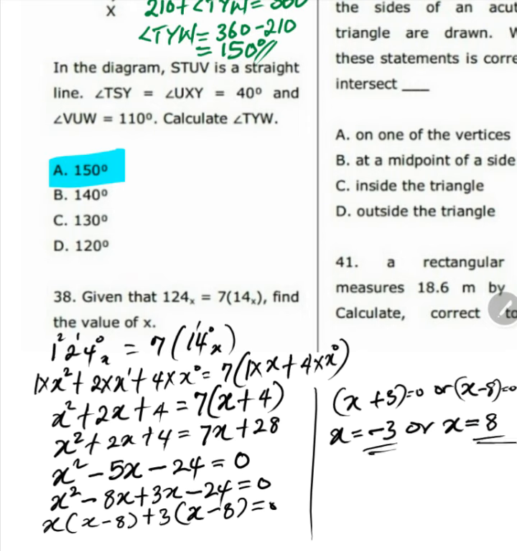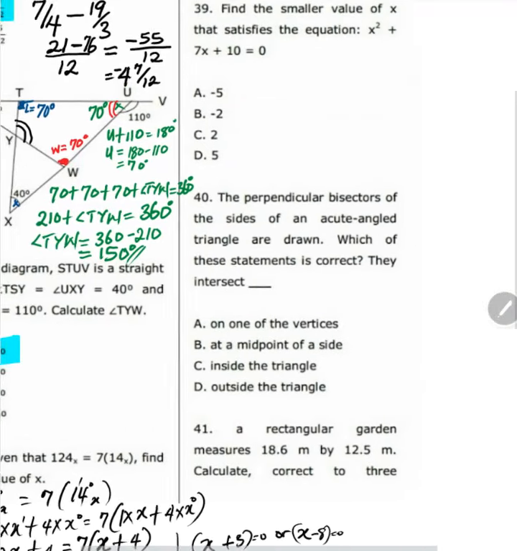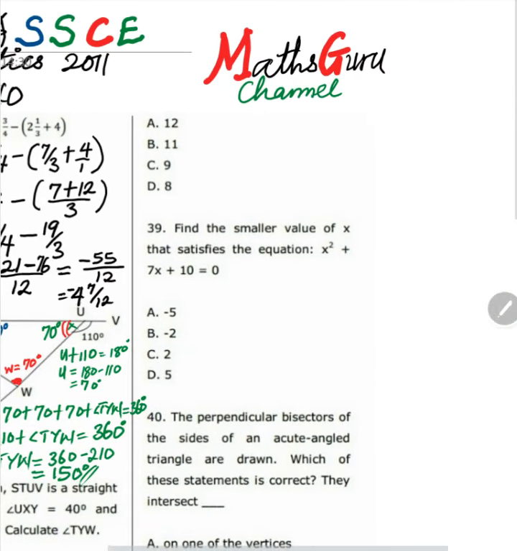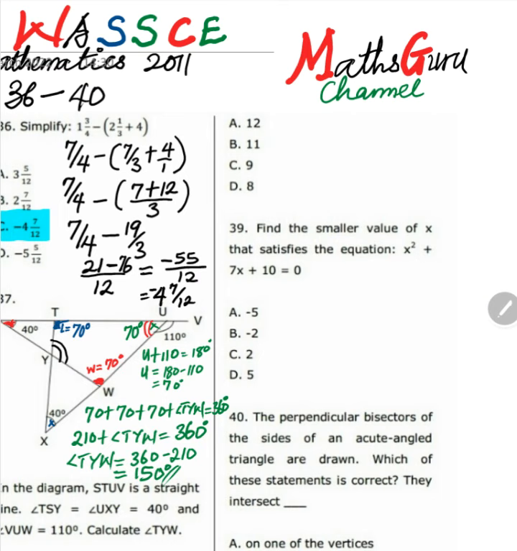So x is either negative 3 or 8, positive 8. Let's check out for the answer. The options we have here have a positive answer, no negative answer. Therefore, the correct option will be D, which is positive 8.